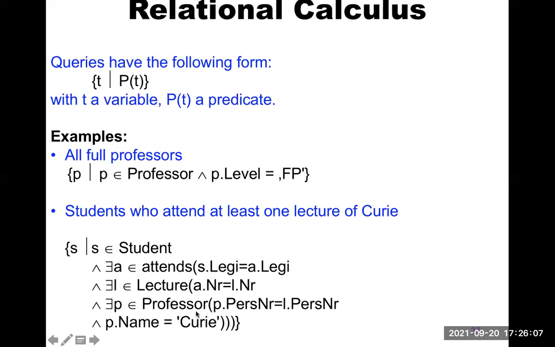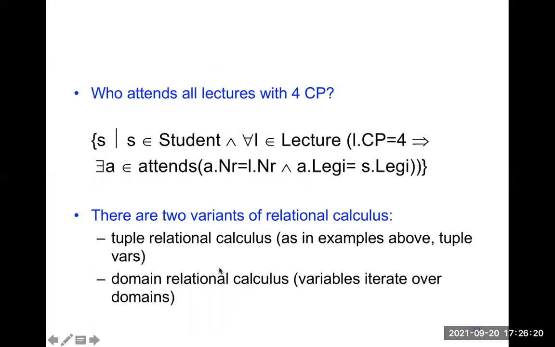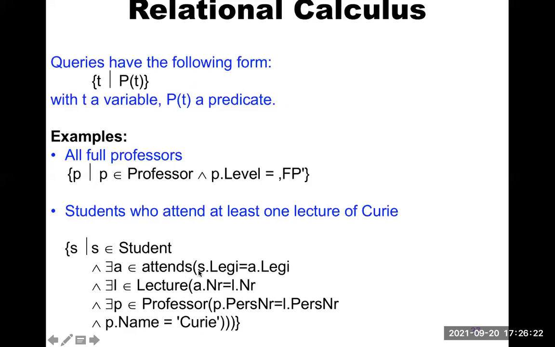There exists a professor such that the professor's number is the same as the lecture's professor, and the professor name is Curie, and the lecture number is the same in the attendance record, and the student who attended that lecture is the same as this student. So if all the conditions are met, then the student is part of the result.